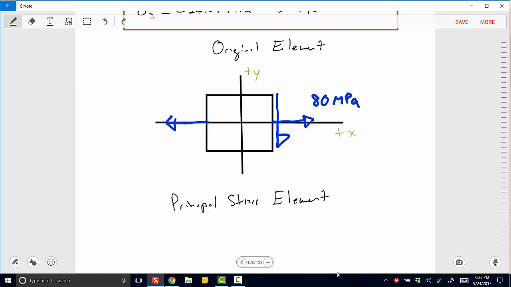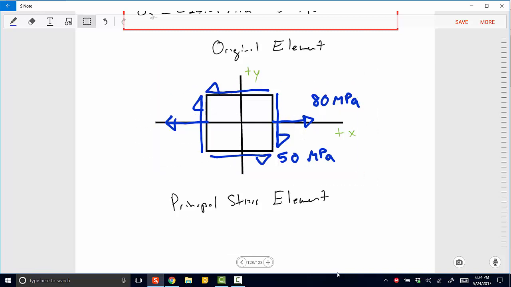And then let's build up the shear terms that are needed to maintain equilibrium across these other surfaces. And write that as 50 megapascal, where it's known that the values of these shears are all equal but have different directions, right? So that's building our original element with its original plus x and plus y coordinate system.